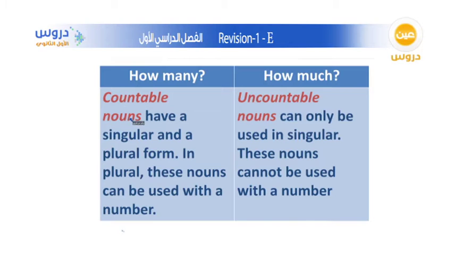For example, if you have a word like water, you cannot say 1 water or 2 water, but instead you may say, I'm just trying to type this sentence to you, a bottle of water. This is uncountable now.